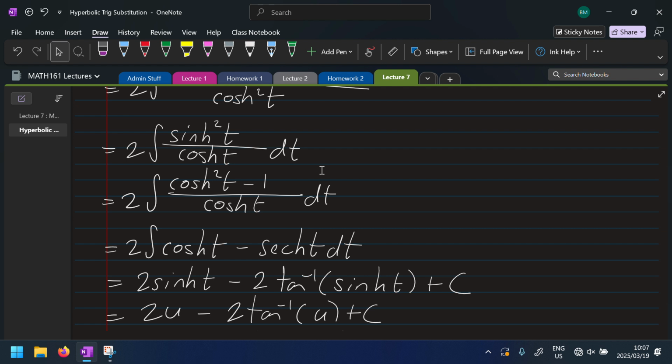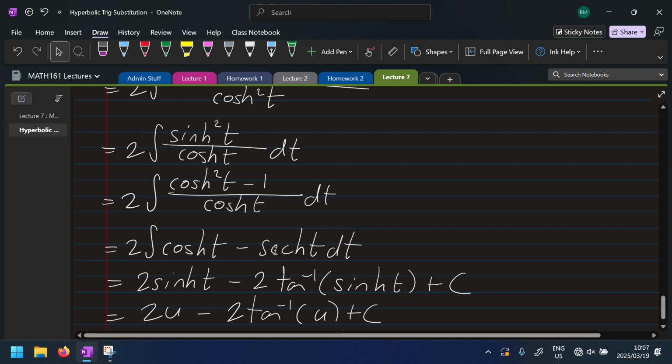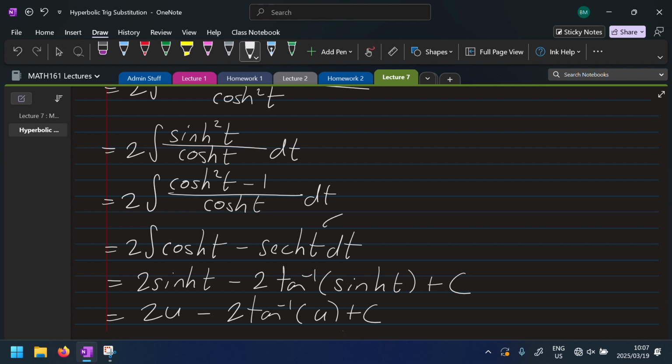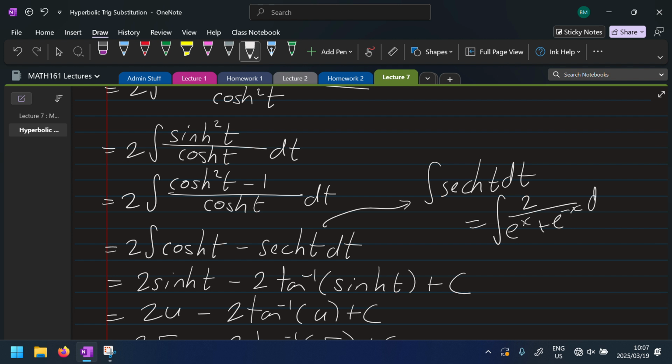For the integral of sec. Yeah, the integral of sec. So here this was the integral of sech t dt. If you want to do it the long way, this will be 2 over e to the t plus e to the minus t dt.